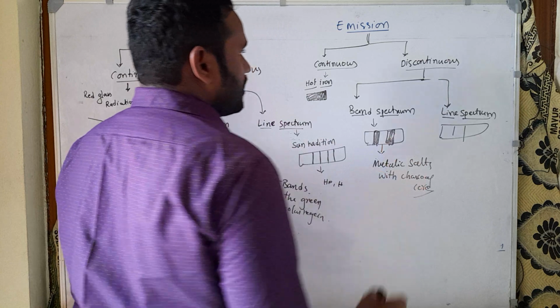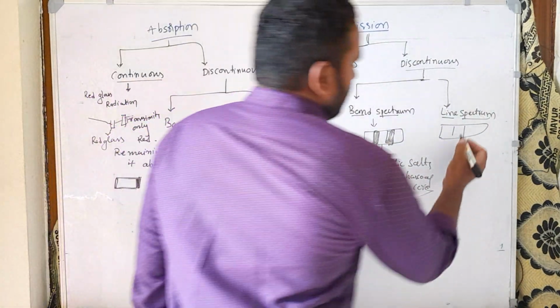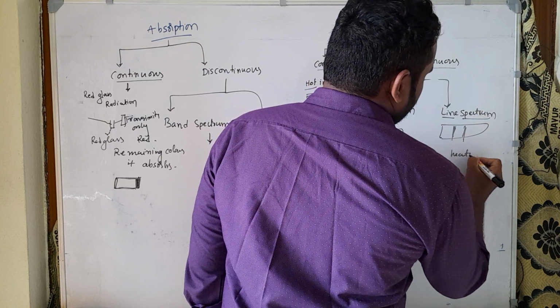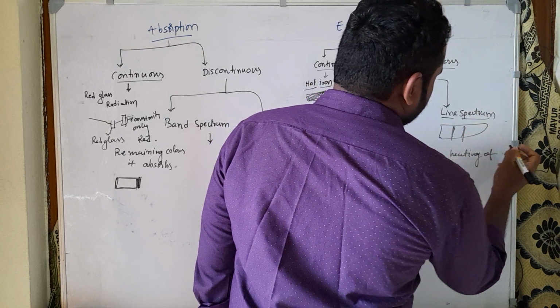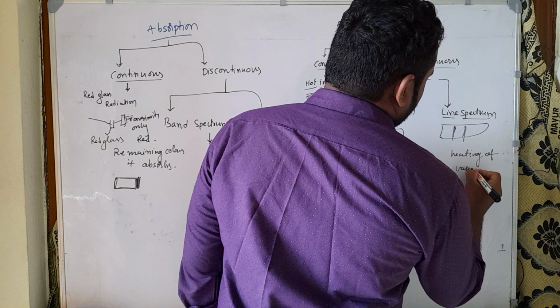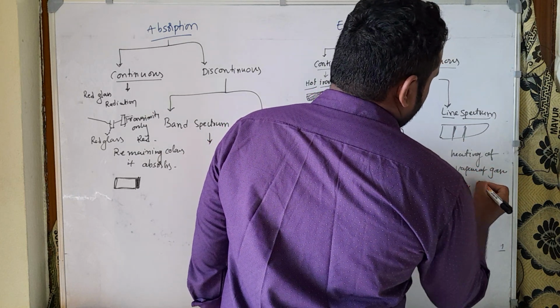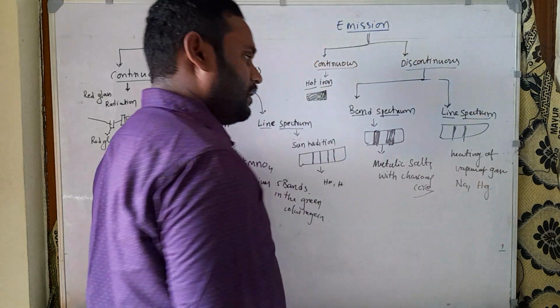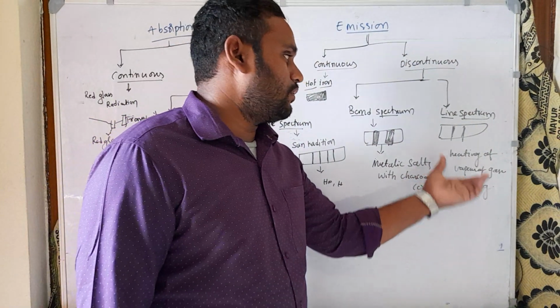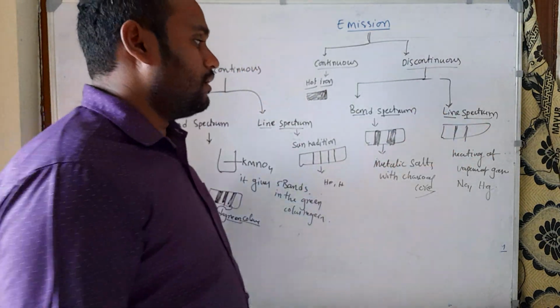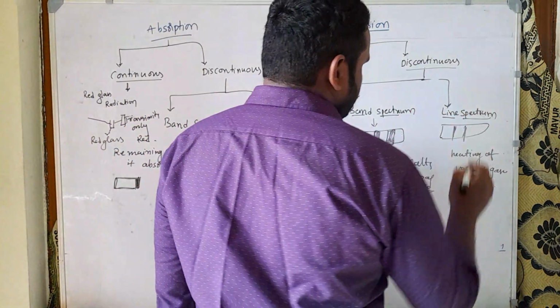And what is the example for emission line spectrum? For example, heating of vapors of gases like sodium vapor, mercury vapor. When you heat that type of vapors, they give some lines in the spectrum. That is called emission line spectrum.